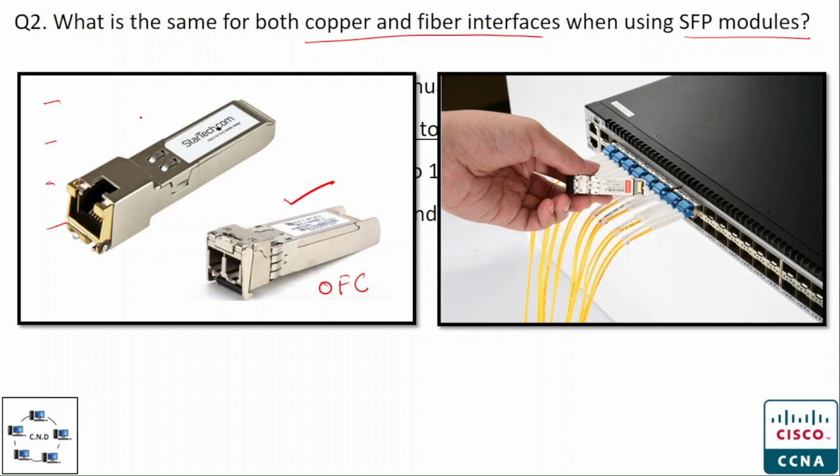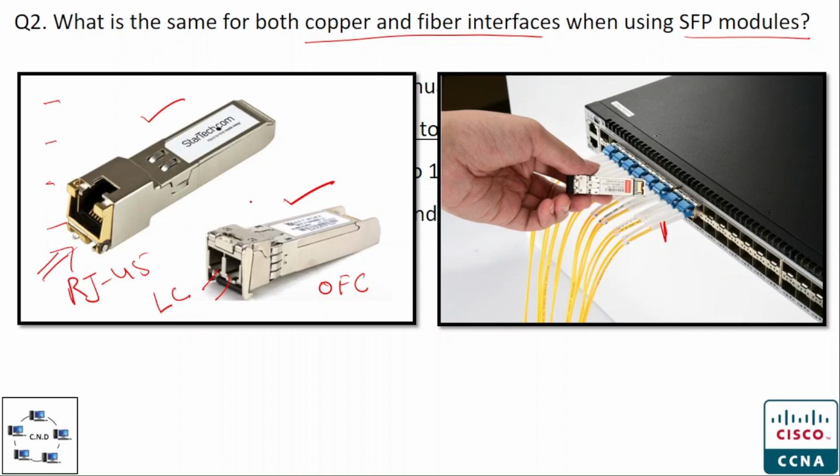And this is the copper SFP with which you can plug in Cat6, Cat7 cables using an RJ45 connector. While for the fiber here we basically use these connectors. These are the fiber connectors, known as LC connectors.